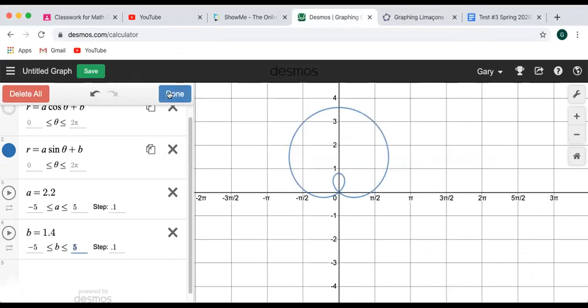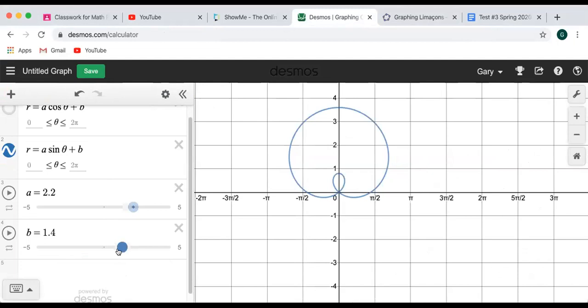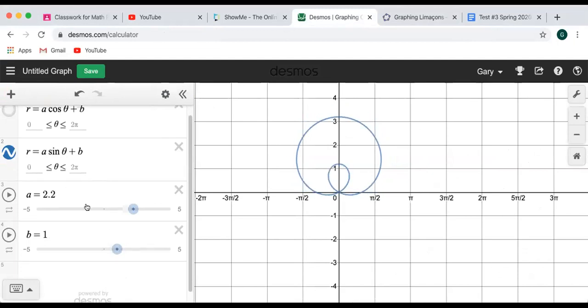I don't usually make B negative, but I do want to show you. Here's B equals 1. This is 2 sine theta plus 1. And I want to make a prediction about what happens when I change the plus 1 into a minus 1.